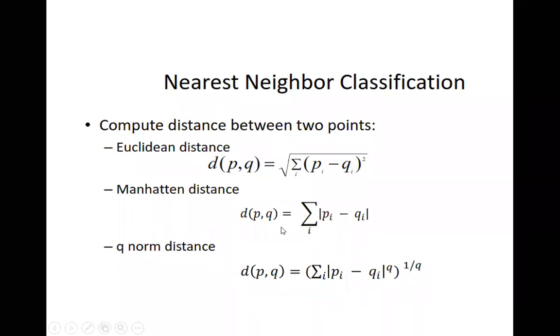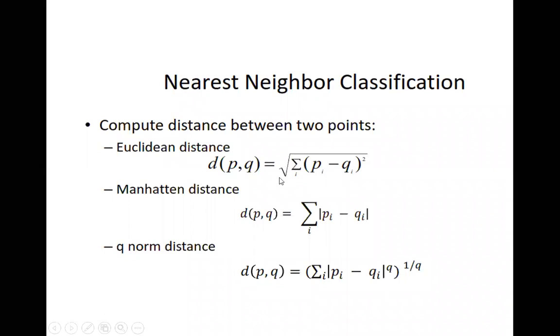Any three of these formulas can be used to calculate the distance between 2 points. Usually, wherever you implement KNN, they will use Euclidean distance itself. Most of the time we'll use the Euclidean distance formula to find out the distance between 2 points.